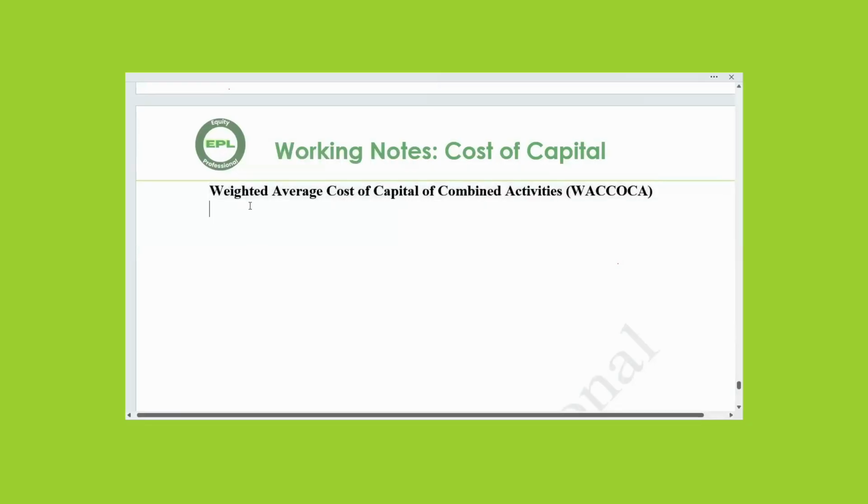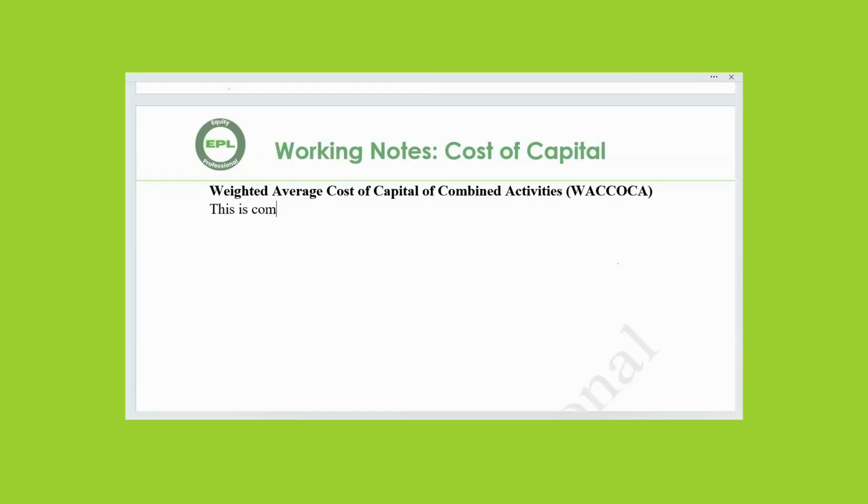Remember, we said that cost of capital can be grouped into 1, traditional work, 2, project-specific work, then 3, WACOCA. I've explained how to calculate traditional work and project-specific work. The last one is WACOCA. So when do you calculate WACOCA?